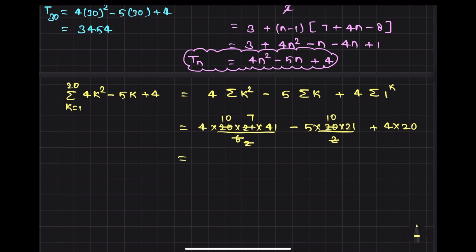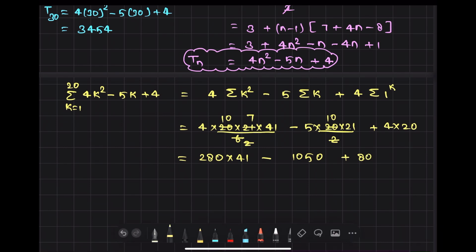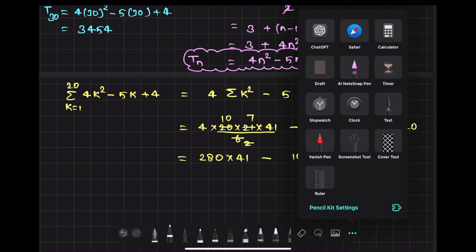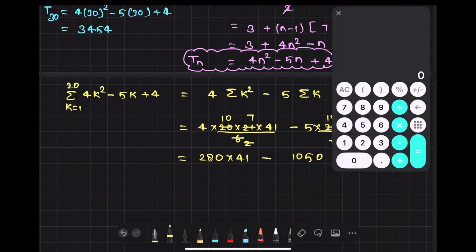So this is 280 times 41, minus this, plus 80. Now we have 280 multiplied by 41.